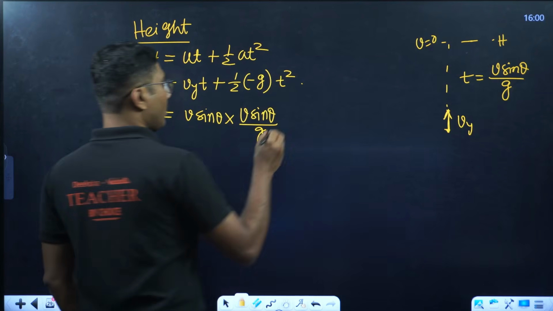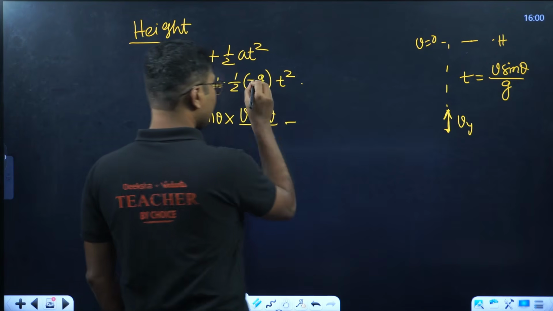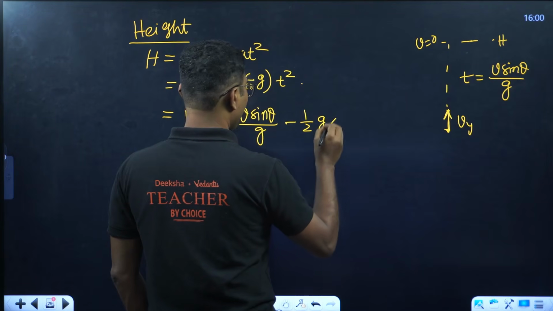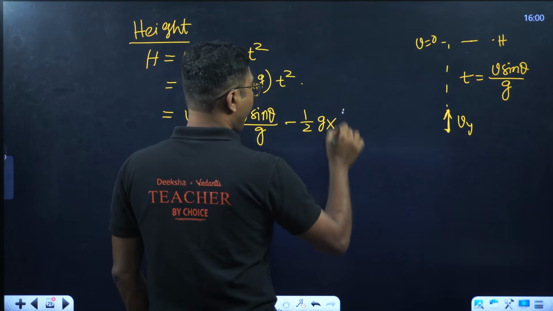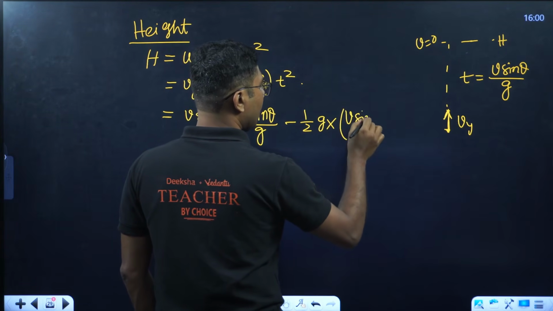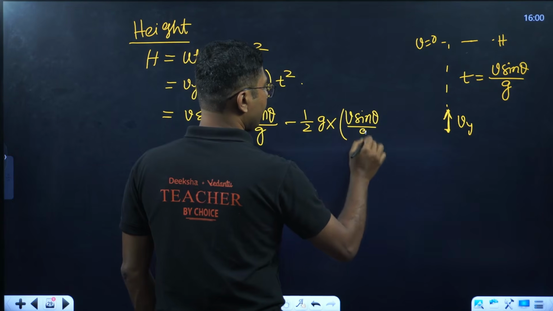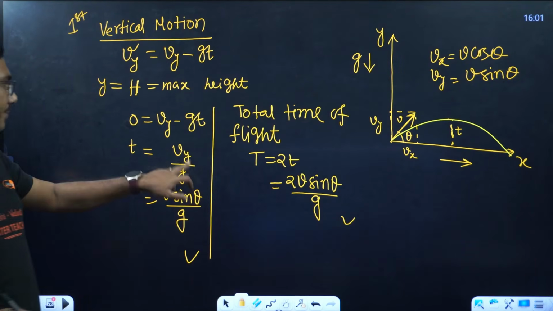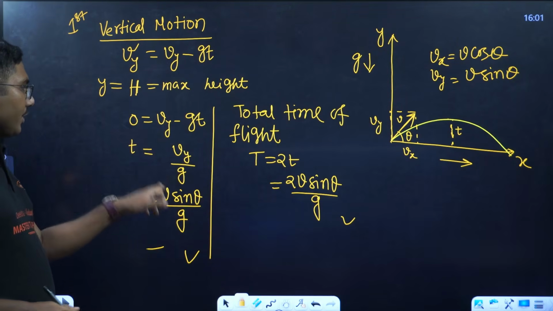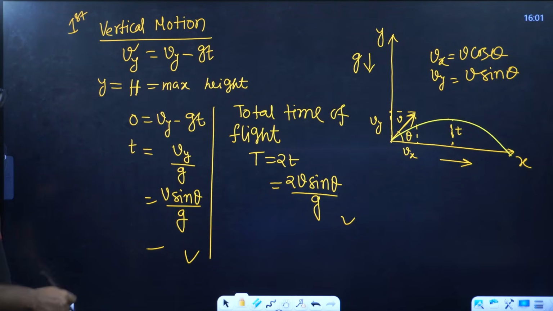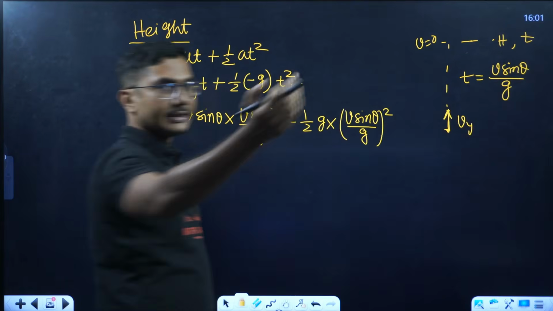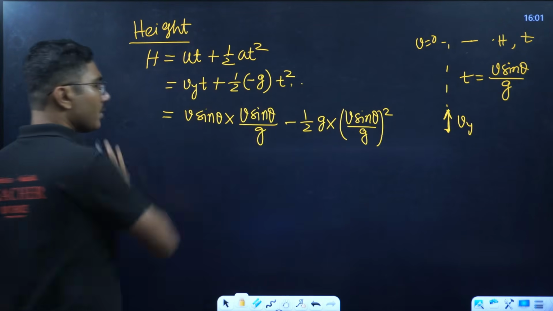Now you take here plus, and minus half g into v sine theta upon g whole square. So the time that we have calculated in the previous step, this time we are putting in the equation, because with this time it reaches the maximum height, right? At maximum height it is reaching only at time t, right? So that is the thing.